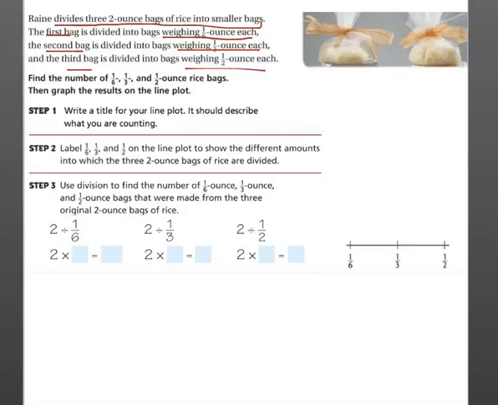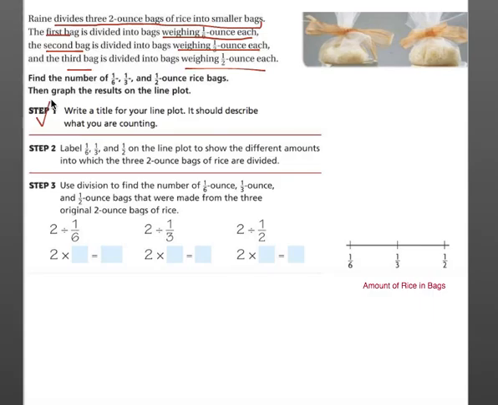So that could be the title of our line plot. Amount of rice in bags. Pretty simple and straightforward. There. Now we have a title. So step 1, done. Titled our line plot.